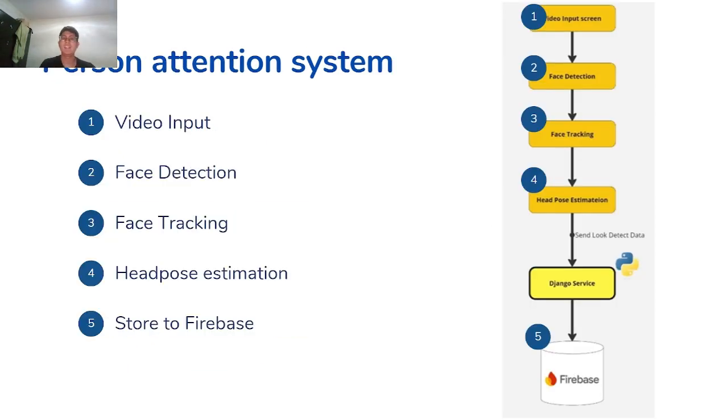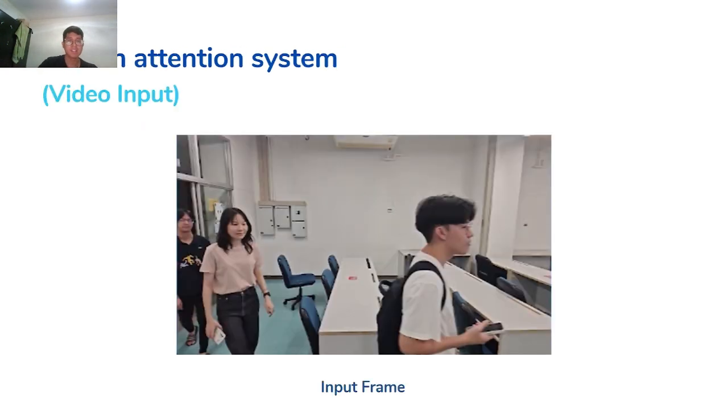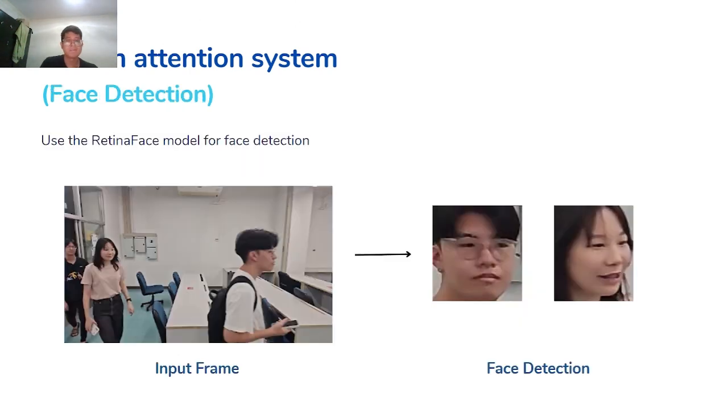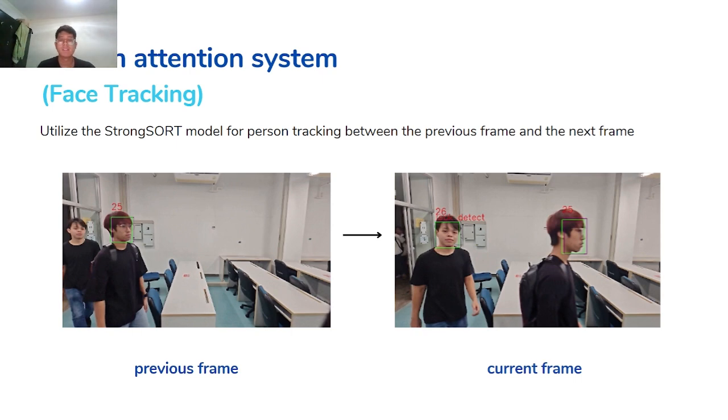Okay, the next part in the camera view is the person attention system. We get the input from another area, but on the same walking route.